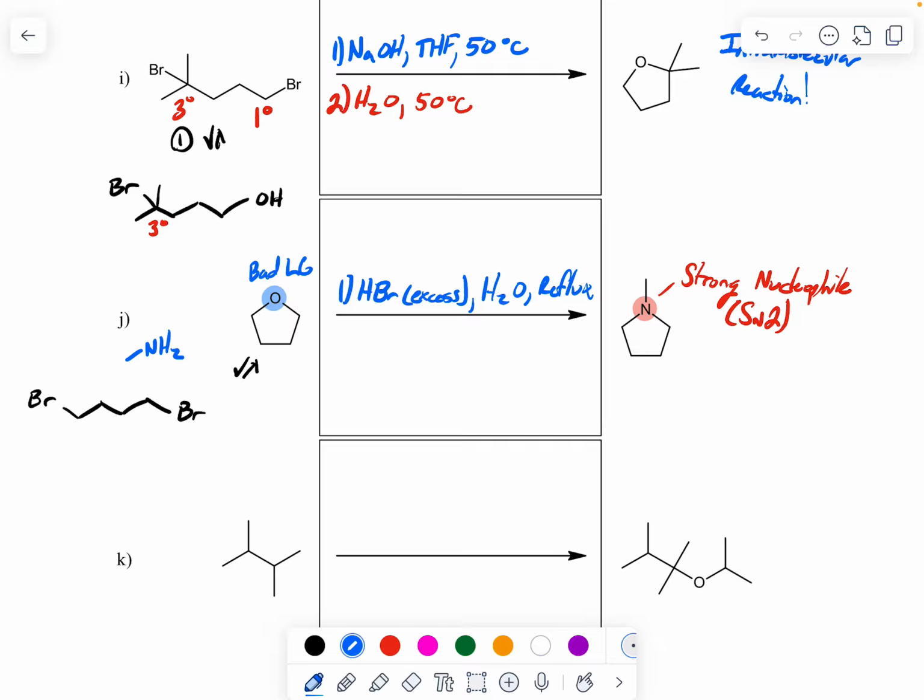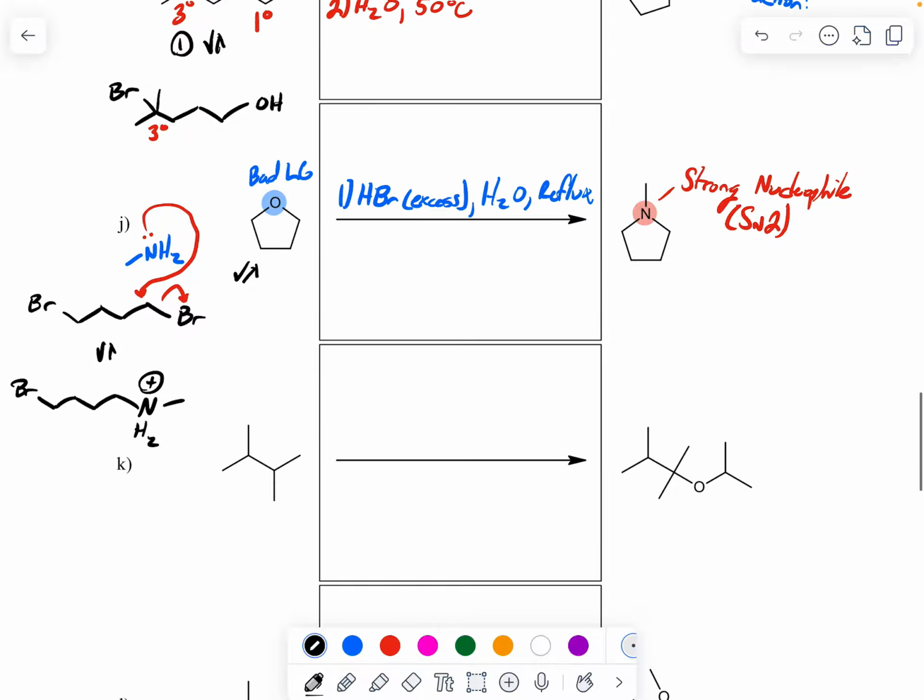So if we use something like methylamine, which is this methyl NH2, what we would see happen is that the nitrogen could attack and kick off one of these bromines, and once we've installed that amine, it'll have a positive charge.